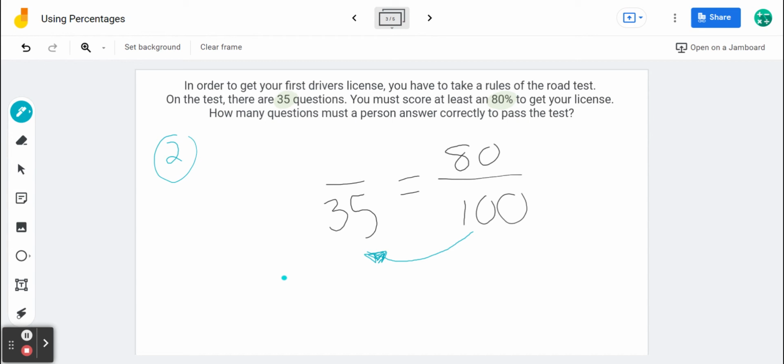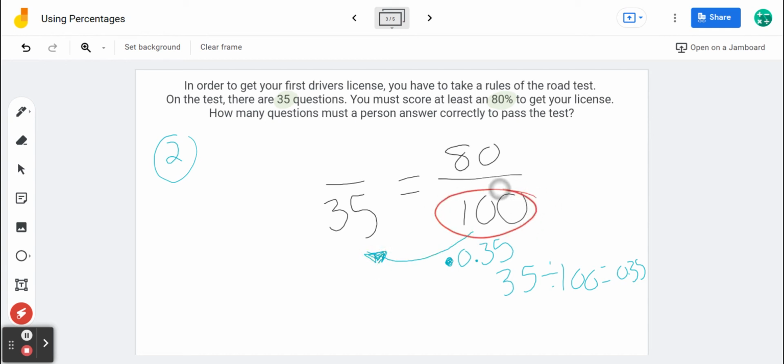If I divide 35 by 100, that equals 0.35. What does this mean? This means that 100 times 0.35 is 35.